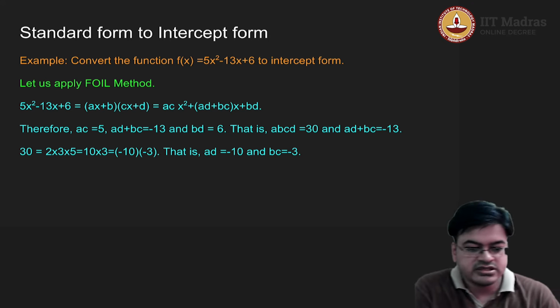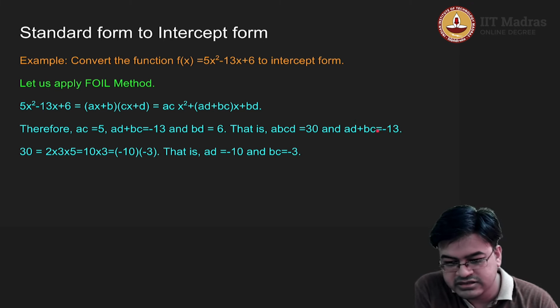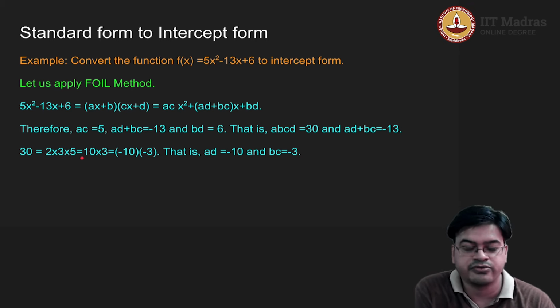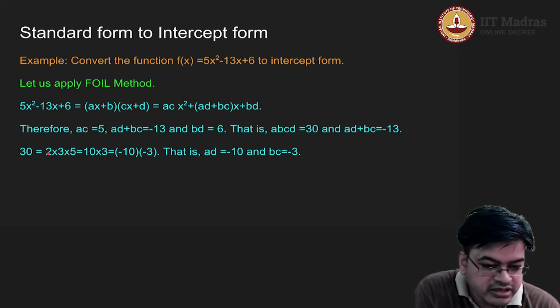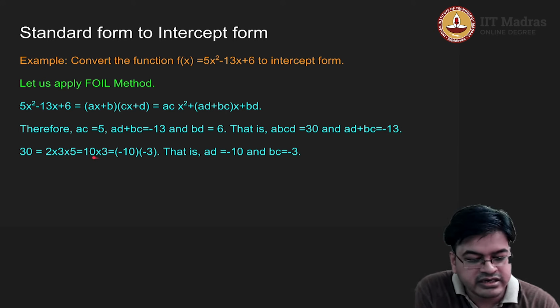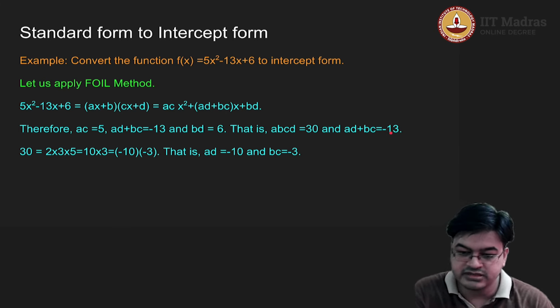So based on this, what I can derive is, if at all this term has to be negative, I should have some negative factors over here and both of them should be negative factors. In particular, if I combine 5 and 2, I will get 10 and 3, and 10 plus 3 is 13, but it is not giving me minus 13.